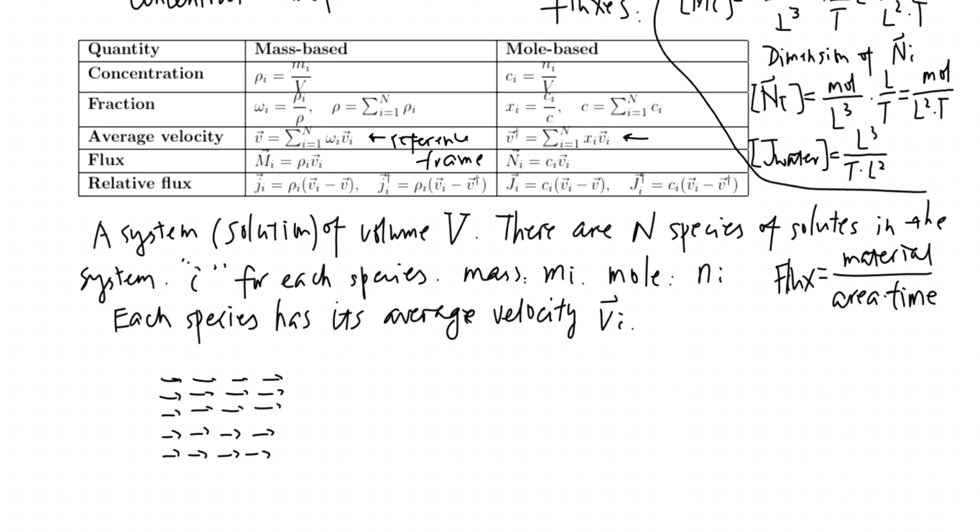So you have species one with this velocity field. Now let's say you have another species, and maybe its velocity is this one. It's a little bit larger, so I'm drawing the pink line a little bit longer than the black line.